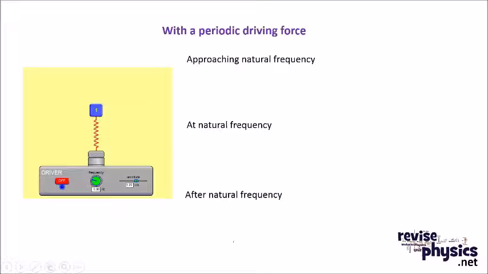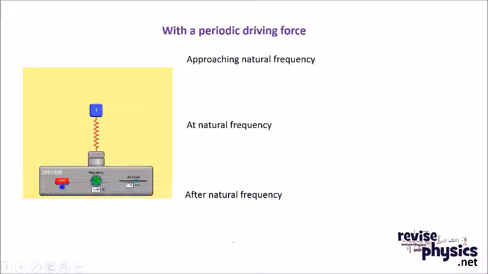What you need to be able to do is explain, both in terms of amplitude and phase difference, what's happening as you approach the natural frequency, hit the natural frequency, and then drop past the natural frequency. So as you approach the natural frequency, as we saw in the video, the amplitude starts to increase.